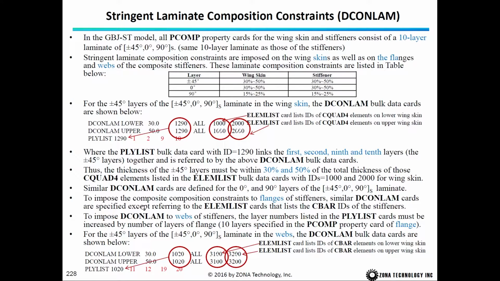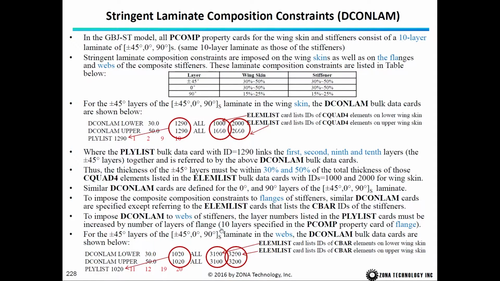To impose the laminate composition constraint on the flange of the stiffener, similar DECLAMP cards are specified, except referring to the element list that lists the CBAR IDs of the stiffener. To impose the DECLAMP on the web of the stiffener, the layer numbers listed in the ply list card must be increased by the number of layers of the flange.